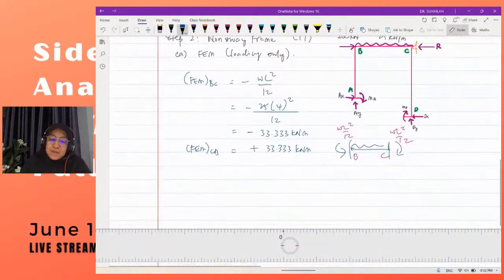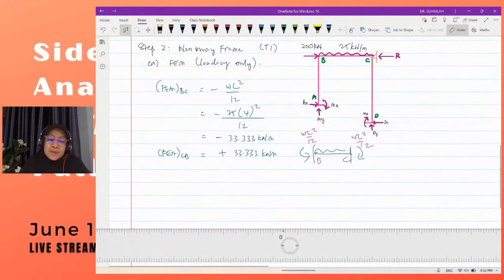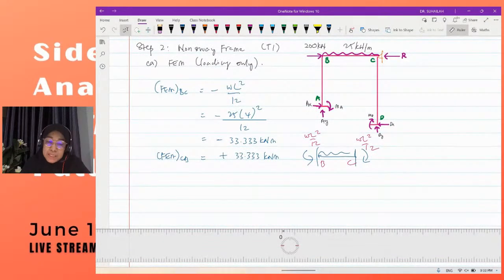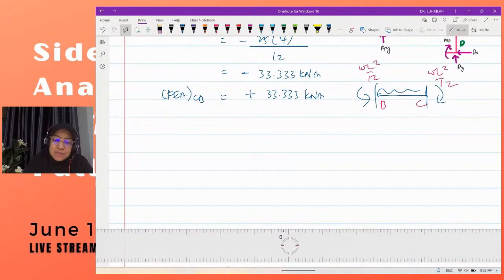Okay, next is step 2B. 2B is to calculate end moment. We are going to analyze the frame in a table. This is table 1. We are going to calculate end moment, M not.